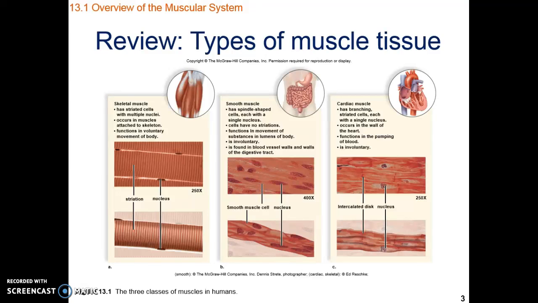And you had a bit of a review of all of this on the two crash course videos on the muscular system. But you can see how the three different types of muscle tissues look different.